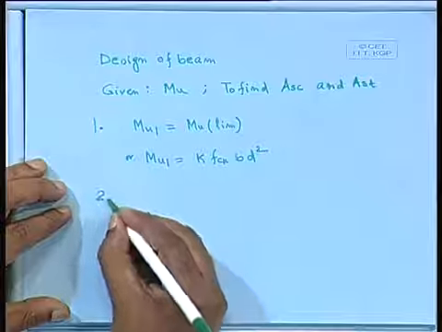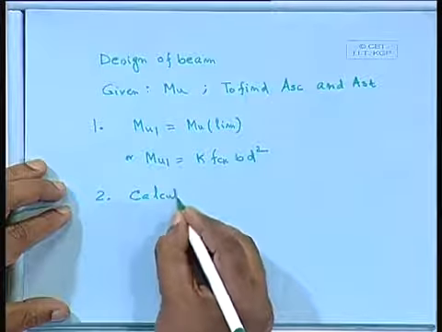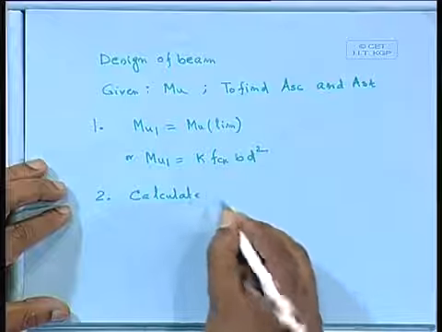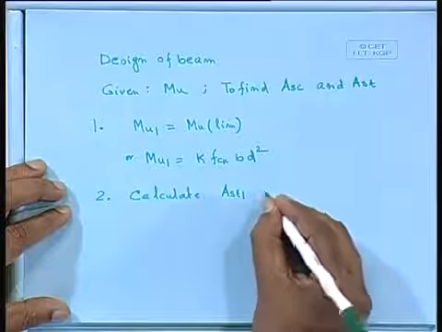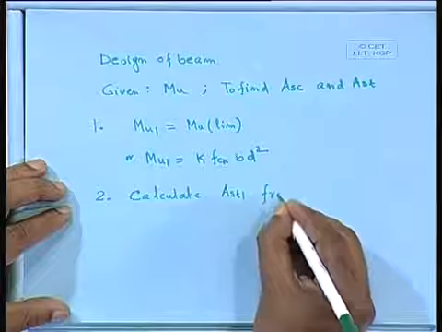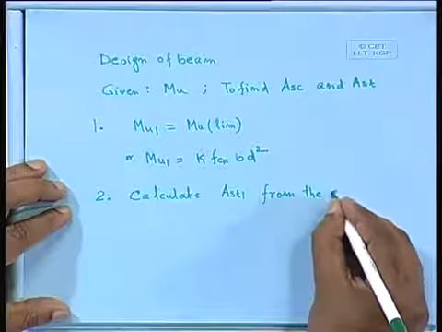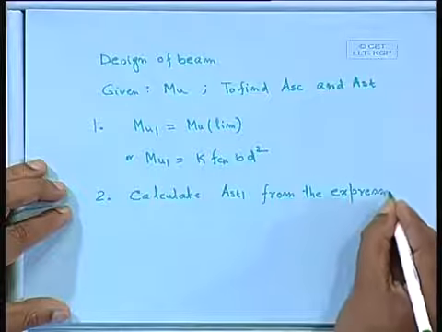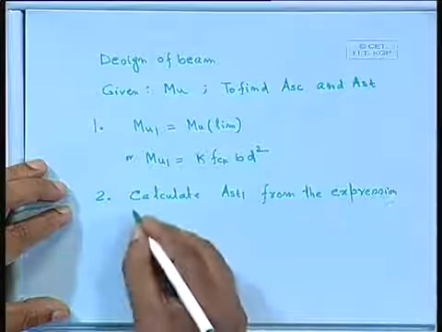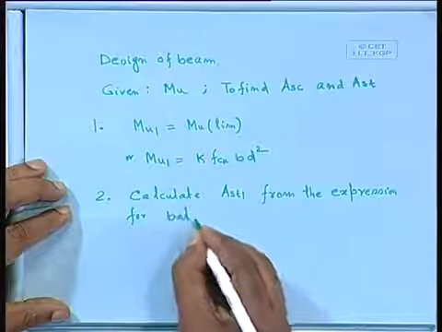Number 2, calculate Ast1 from the expression for balanced section.